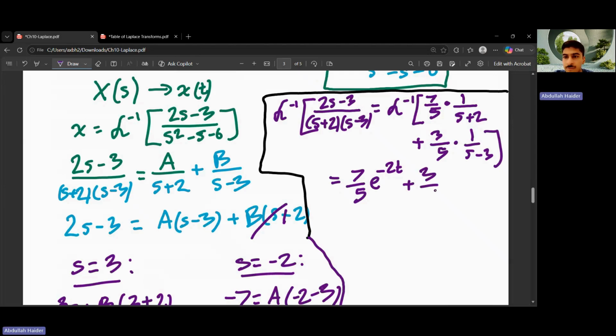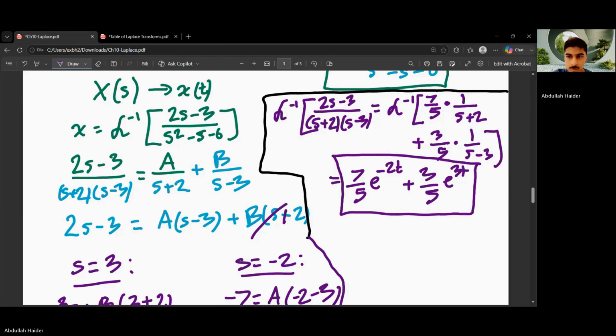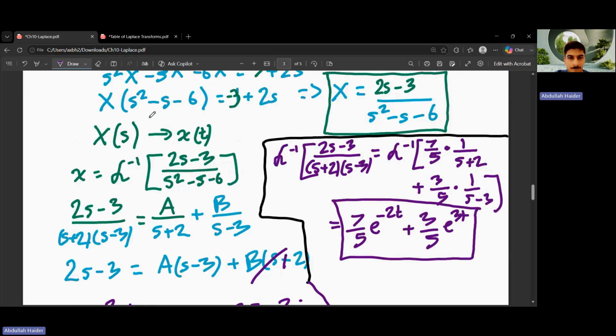That's 3 over 5 e to the power 3t. This is your final answer. All right, and that's it for this question.